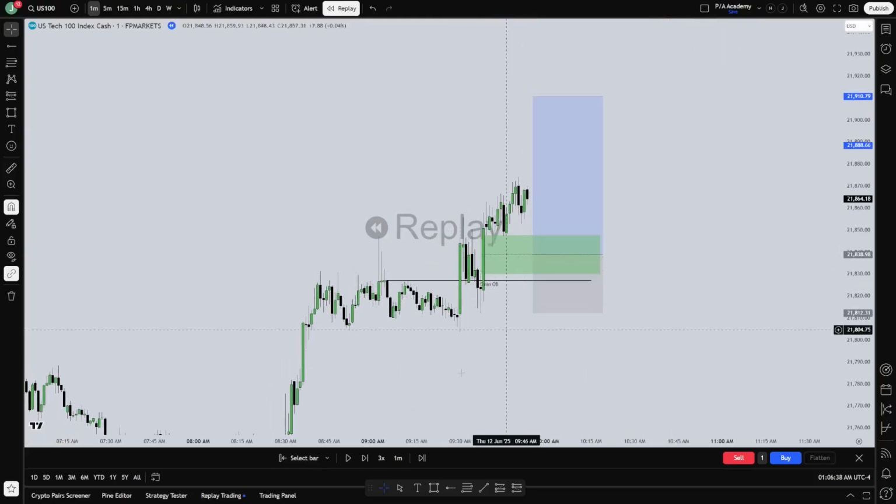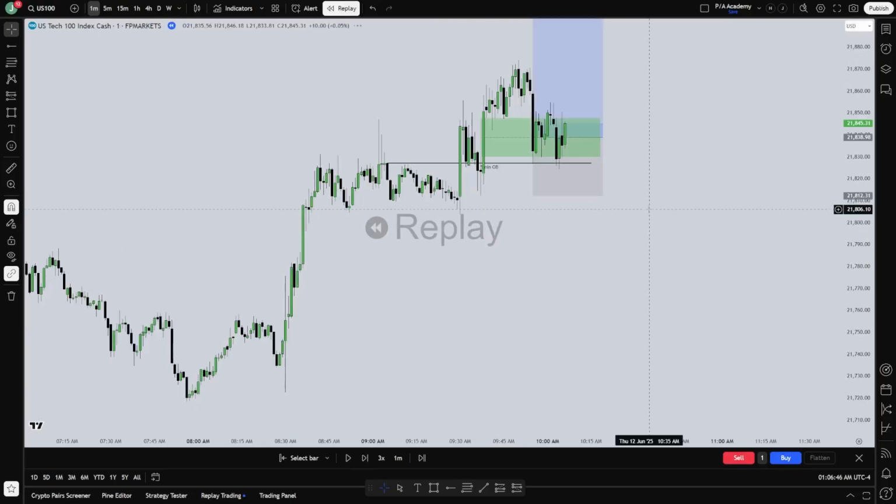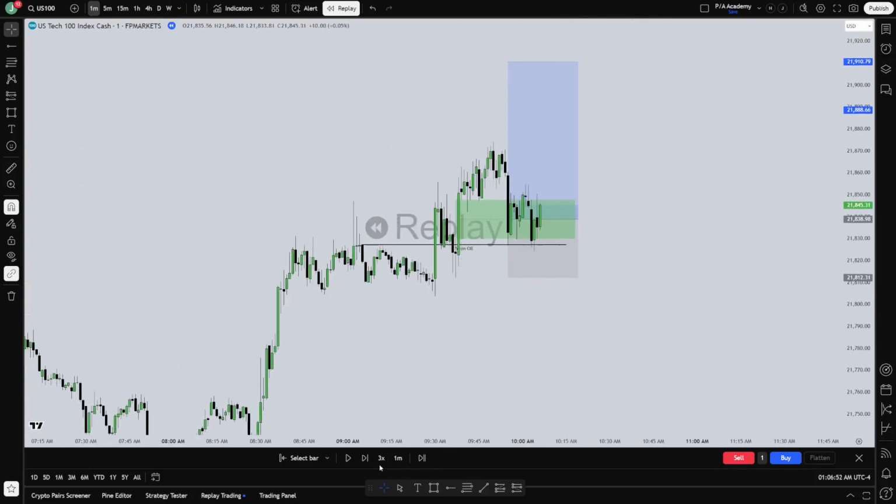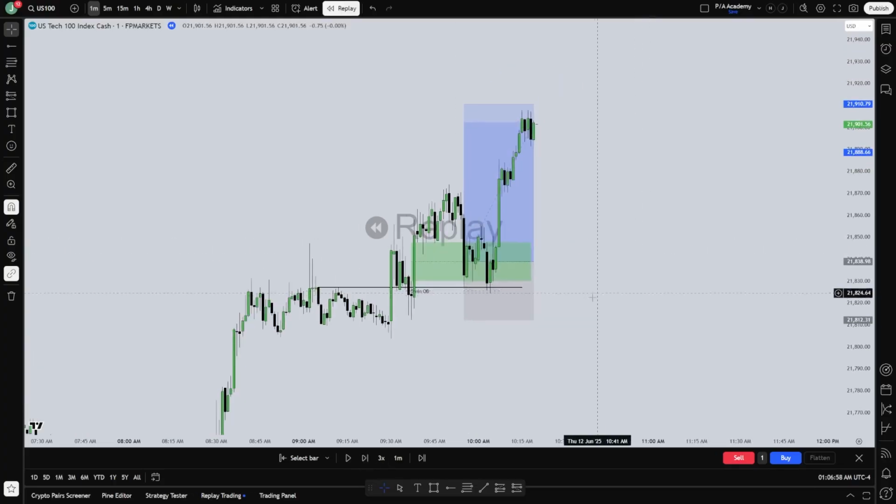So I would enter right there, also hitting the order block. Let's see if we got a... Yep, so we got a SMT right there, so I'm expecting a lot of volume to come in now. Let's see if we can hold that fair value gap. Didn't even come down into it.